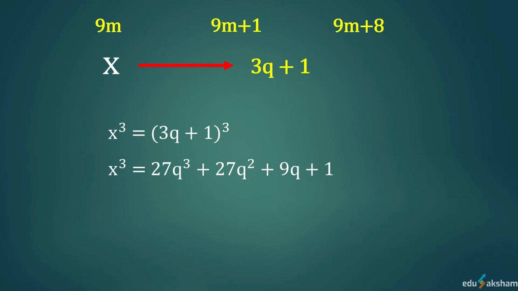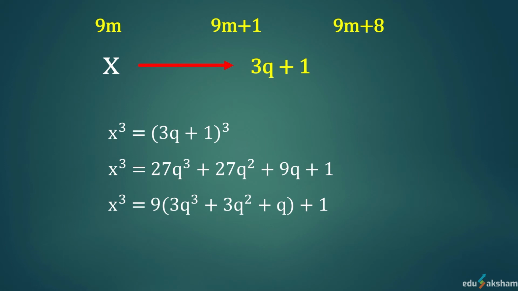In this expression, we can see that 27q cube, 27q square and 9q are all multiples of 9. So by taking 9 common, we can write x cube as 9 times 3q cube plus 3q square plus q, plus 1. Again, by the closure property of integers, 3q cube plus 3q square plus q must be an integer, because when integers are added, it always gives an integer.